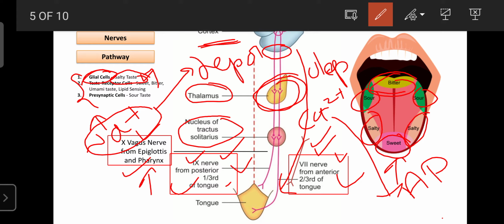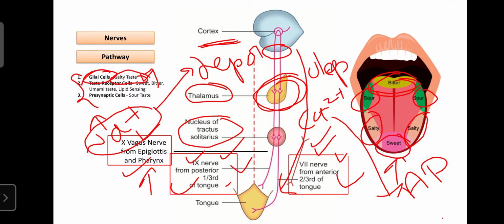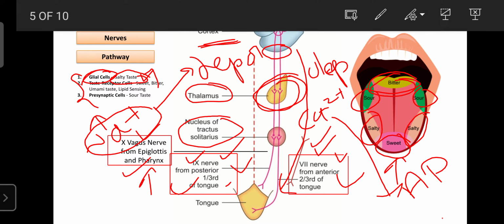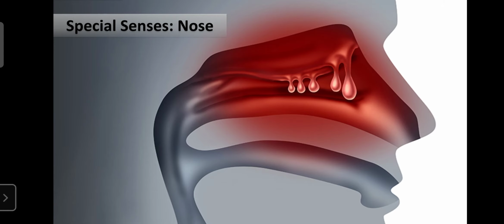This part is involved in the detection of the bitter taste. Like that, the tastes can be detected by our taste center present in the cortex, with the help of these cranial nerves as well as these cells.